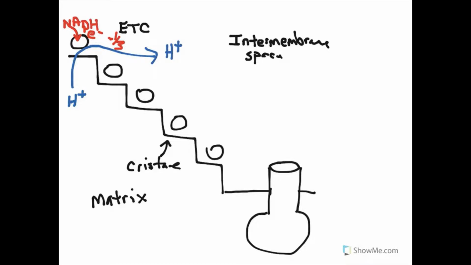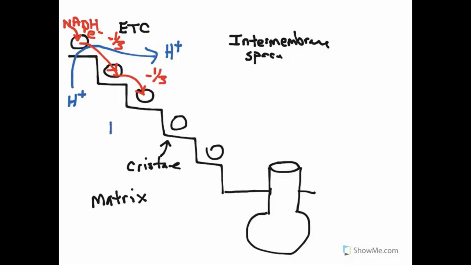Now, there are others that are not referred to as cytochromes, like the second one in the line, which is CoQ, coenzyme Q. What CoQ will do is grab this electron, shuttle it to the next cytochrome, and here, again, another about 1/3 of the energy will be lost.